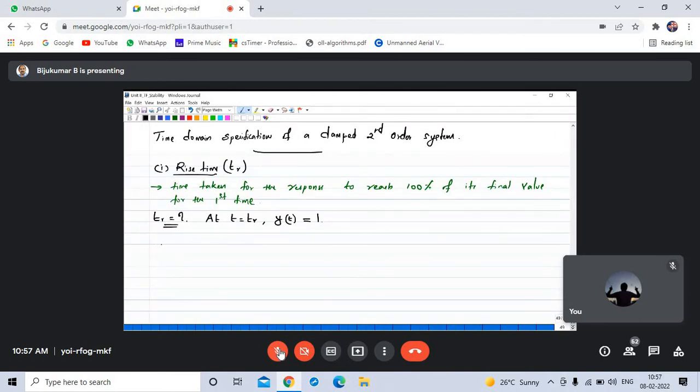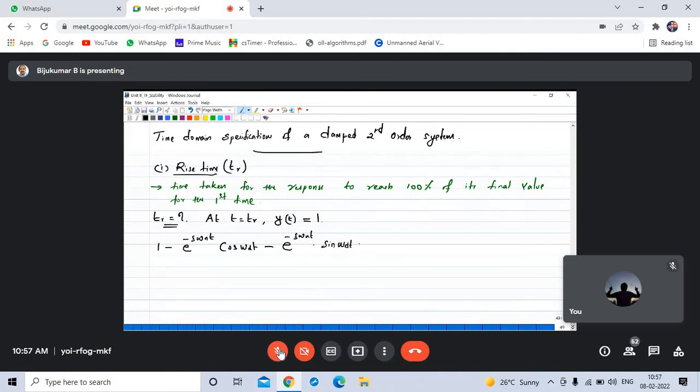It is 1 minus e power minus zeta omega n t cos omega d t minus e power minus zeta omega n t sine omega d t.